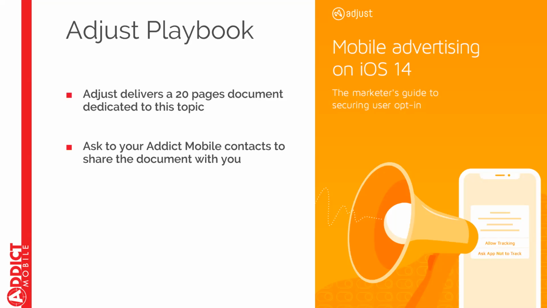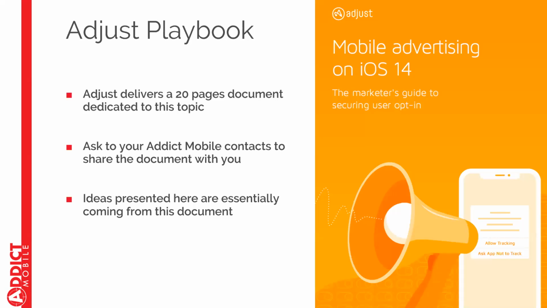If you haven't read it yet, ask your Addict Mobile reps to share the document with you. Some of the ideas presented in this session come from this document, because it covers a lot of things. It's very interesting, and for more details, please check the document.